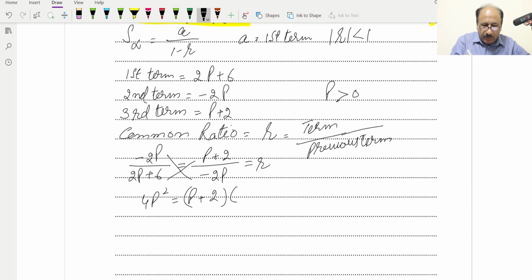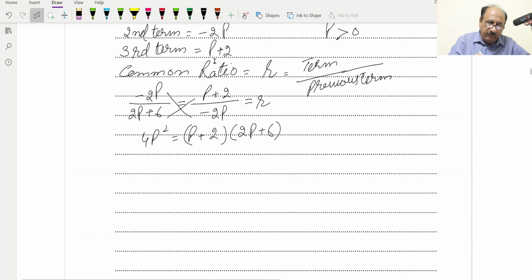This will be multiplied by 2p plus 6, and now we can simplify, we can open the bracket, so 4p squared is equal to 2p squared plus p into 6 will be 6p, plus 2 into 2p will be 4p, and 2 into 6 will be plus 12.